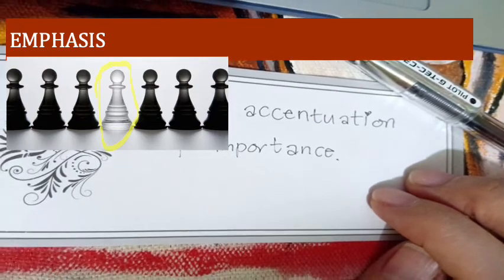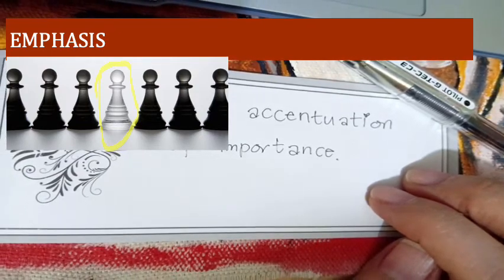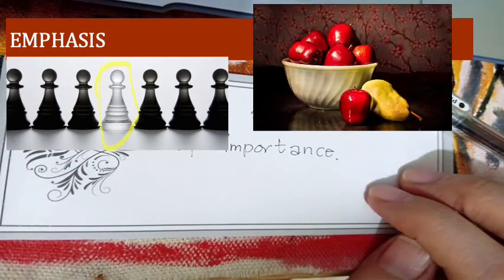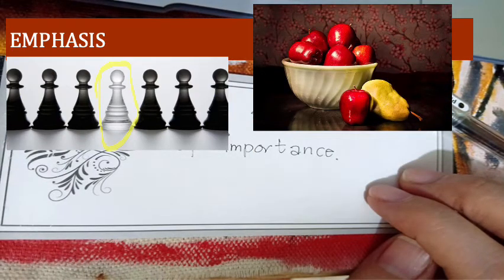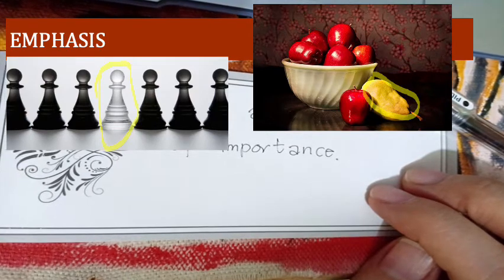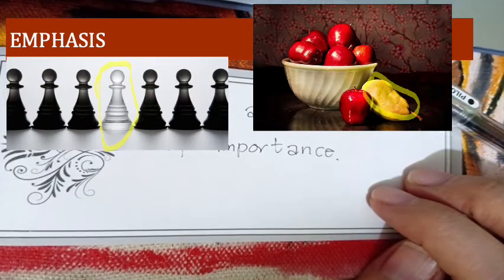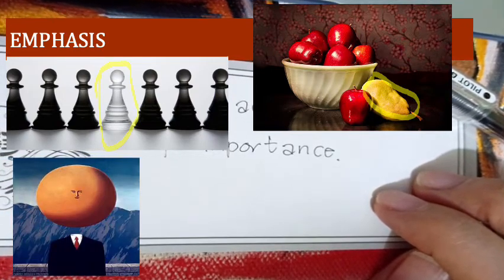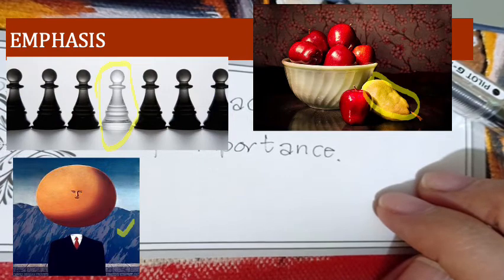And then we also have color. May color ka ng shape. So this one. So the artist uses color and shape to accentuate importance, no? And then we also have size to accentuate the importance.